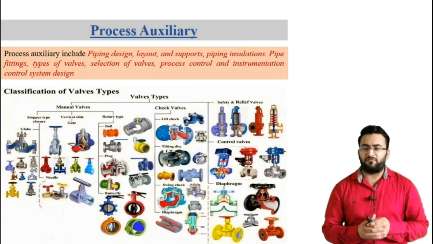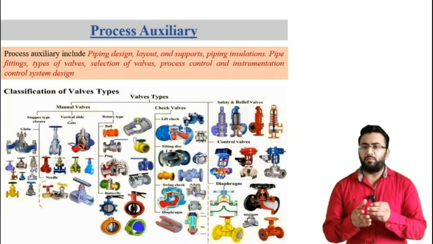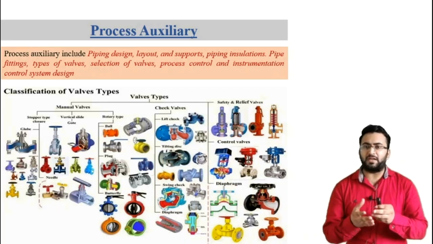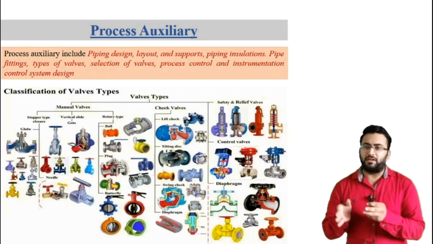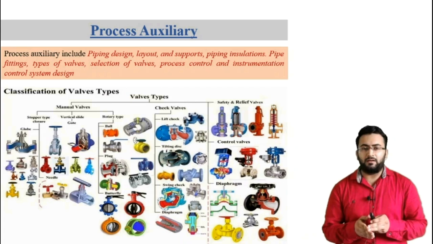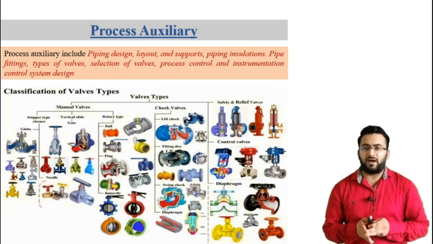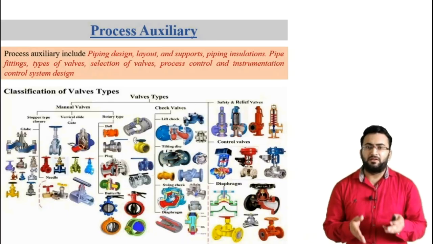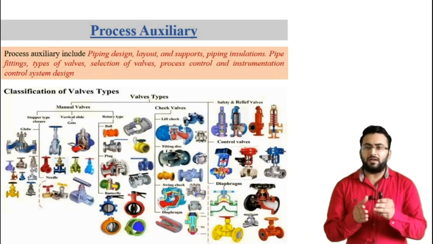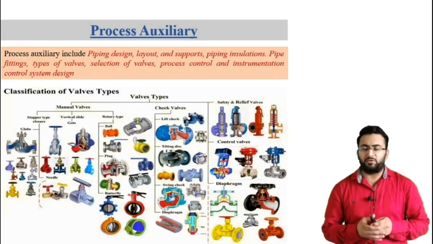Then various types of valve and their selection criteria are also considered in process auxiliary. Various types of valve, such as the gate valve, globe valve, butterfly valve, diaphragm valve, check valve, safety valve, relief valve, various control valves. So these all types of valve and their selection criteria are considered in process auxiliary.